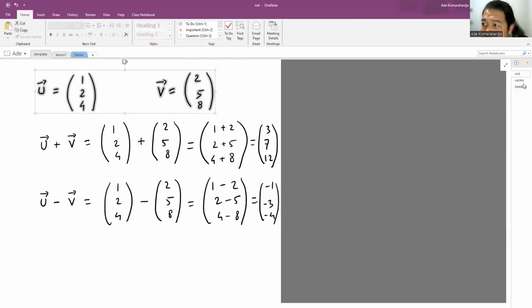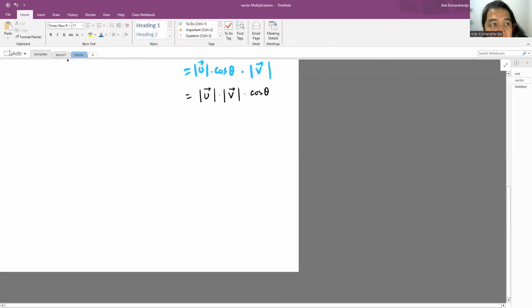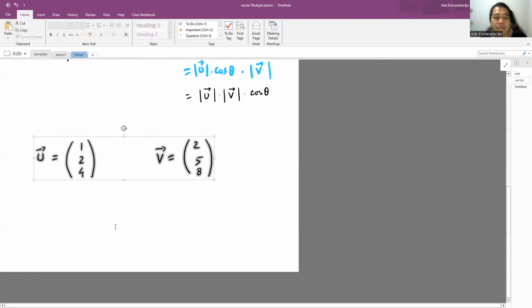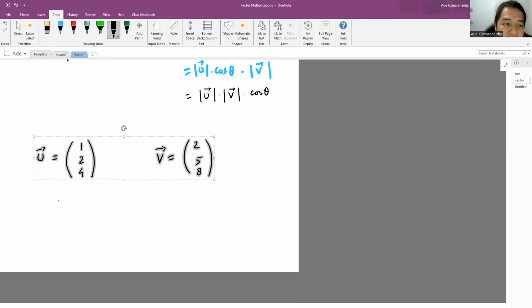So for example, now we have these two vectors again, u and then v, and you want to do the dot product between them.